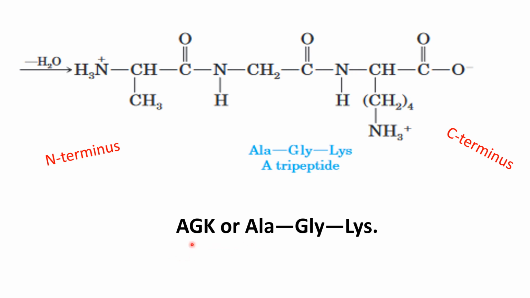This is the single-letter abbreviation: A for alanine, G for glycine, and K for lysine. Or the three-letter abbreviation Ala-Gly-Lys. So we start naming from the amino acid that is in the N terminus going to the amino acid at the C terminus.